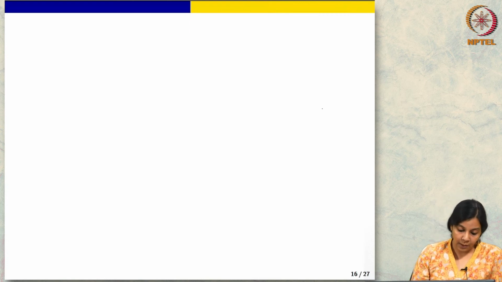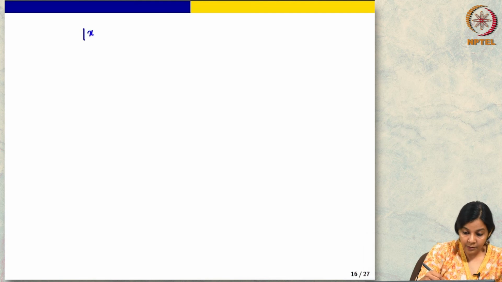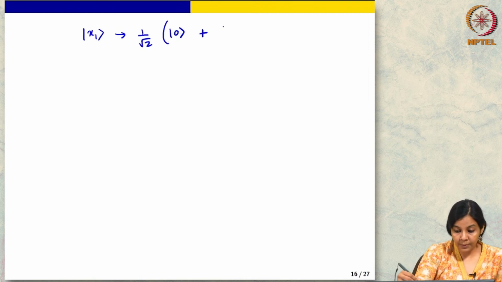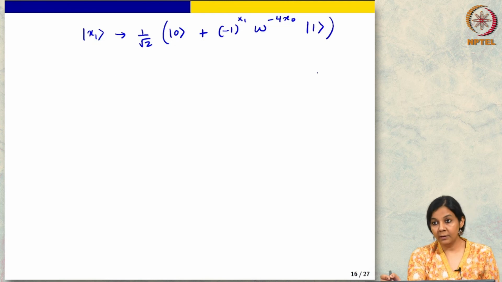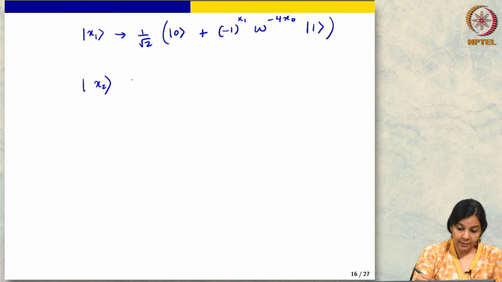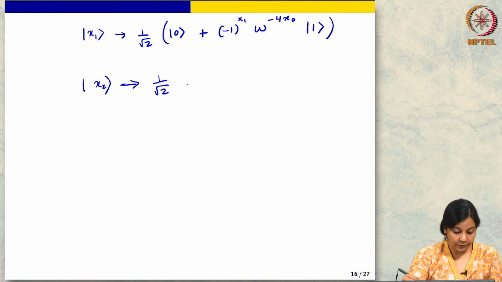So x1, as we already saw, goes to 1 over root 2 0 plus minus 1 to the x1 omega to the minus 4 x0 1. This one we did in complete detail. X2 and x3 I did not do in complete detail, I am just writing them down, you can verify for yourselves.